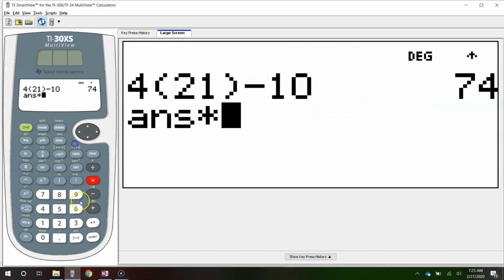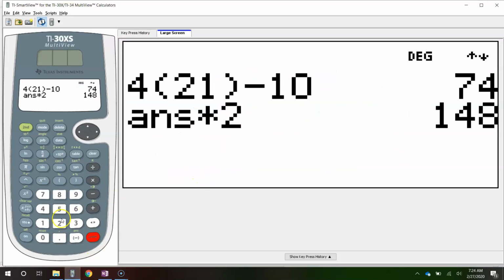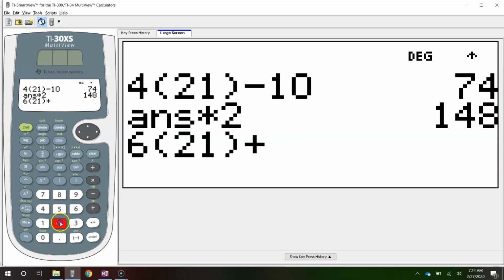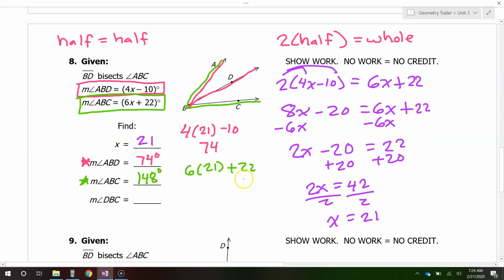That gives 148. Or I could use the formula and do 6 times 21 plus 22. Either way, I get 148.